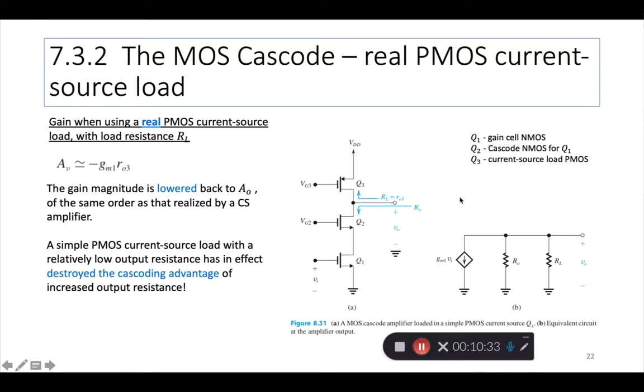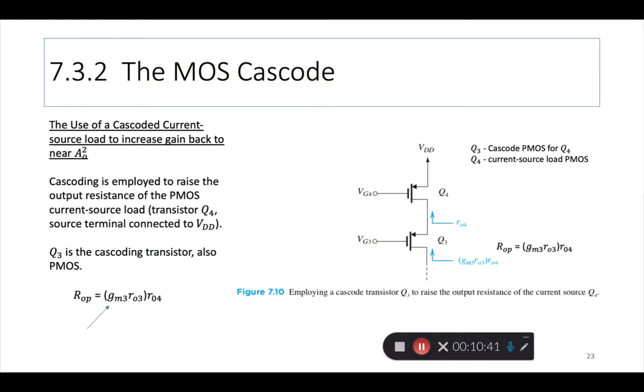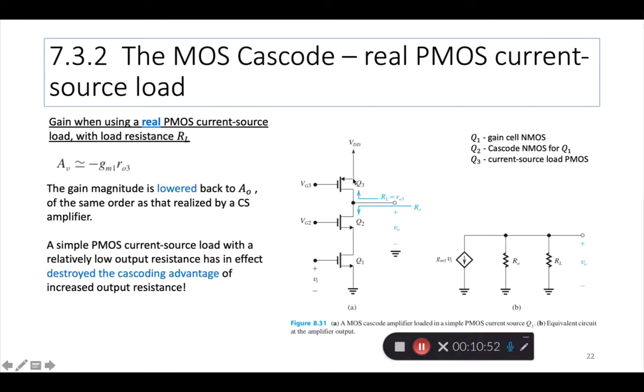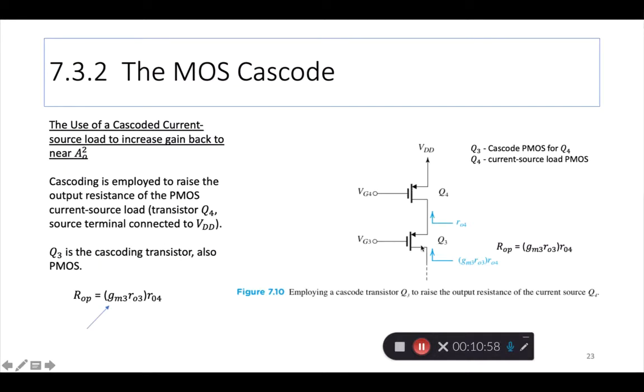Okay. So even though we are talking about all this, not much benefit has come so far. So is all this a waste? No. We have another trick to try and get the benefit. Here, the previously single PMOS current source load now picks up a partner.